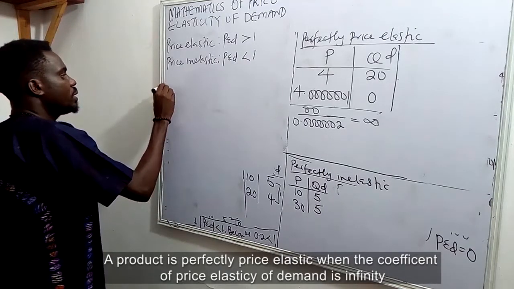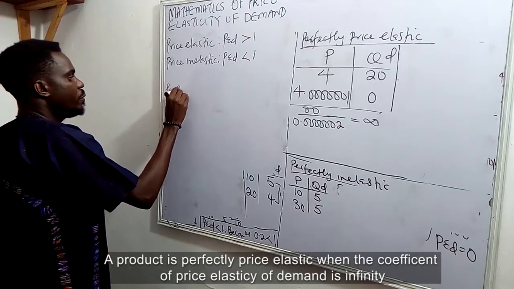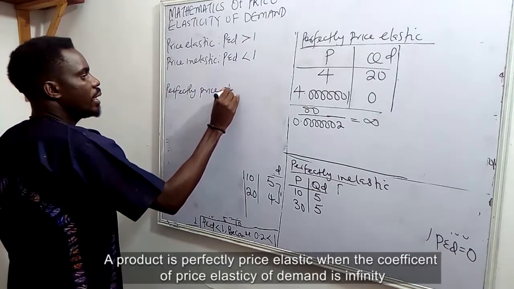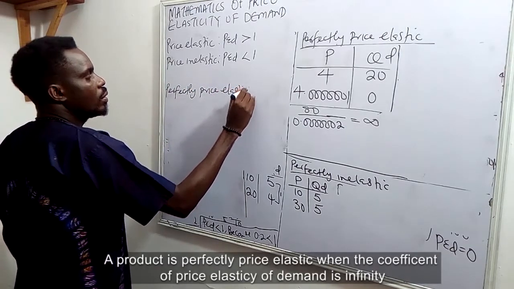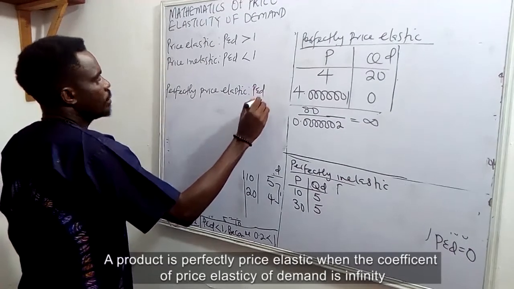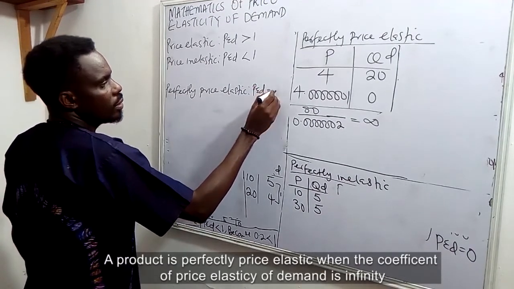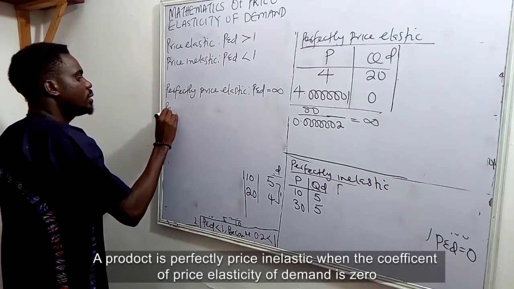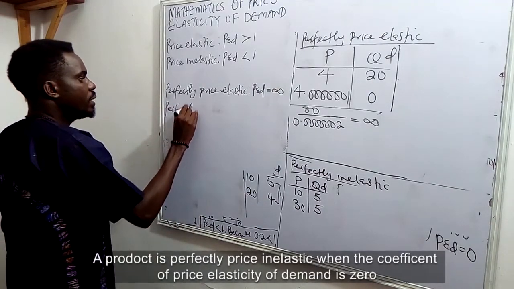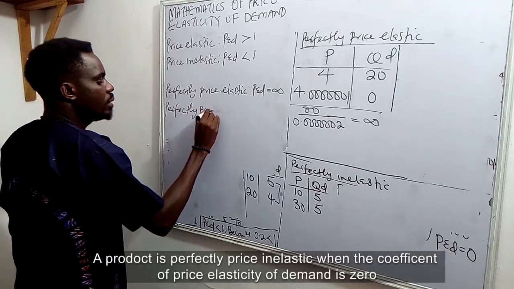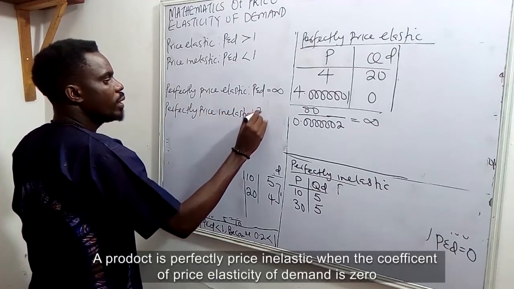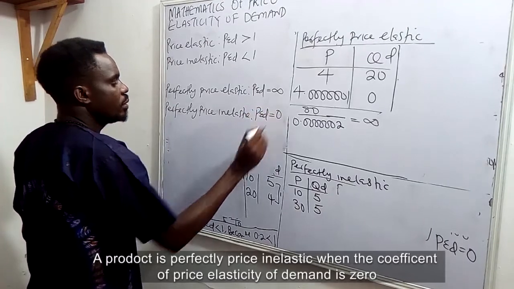A product is perfectly price elastic when the coefficient is infinity. A product is perfectly price inelastic when the coefficient is 0.